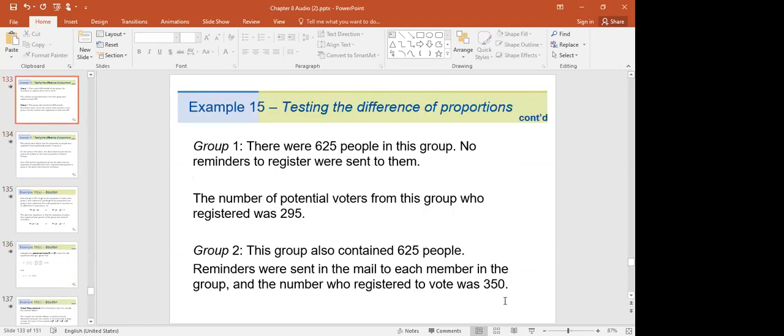So go back to this information, and we want to enter this information first before we move on. We go to Stat, Tests, and we are looking for the two proportion z-test, which is option 6.